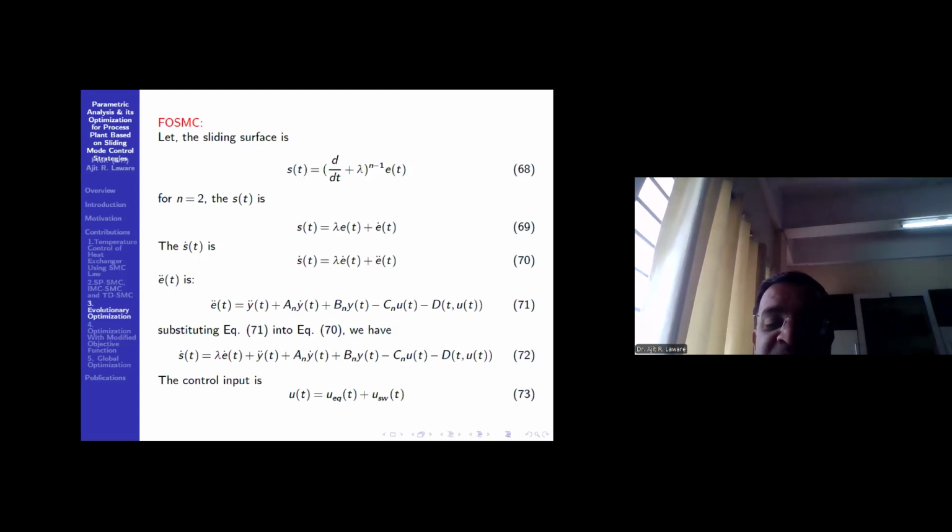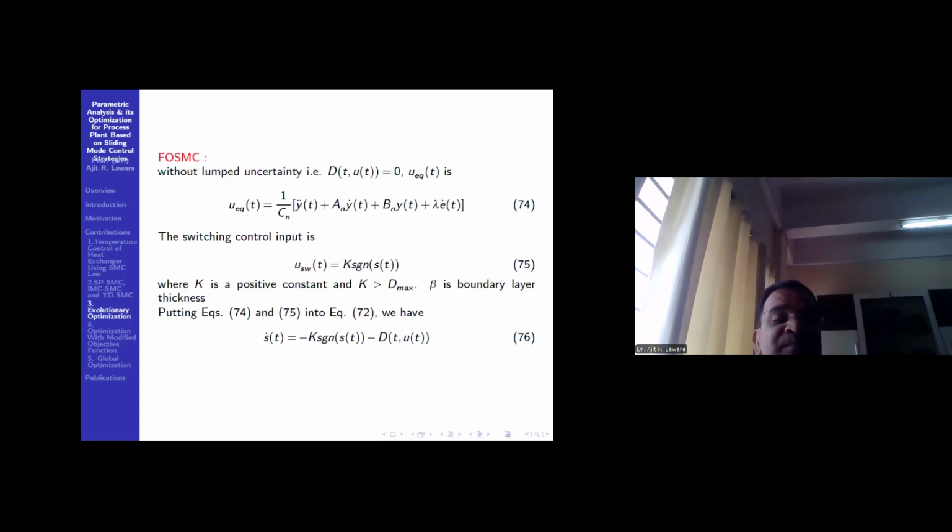And if you place this 74 into 70 equation, means the E double dot term, if you substitute the E double dot term into equation 70, you will get an S dot t term. The control input obviously is the addition of the switching plus the equivalent signal.